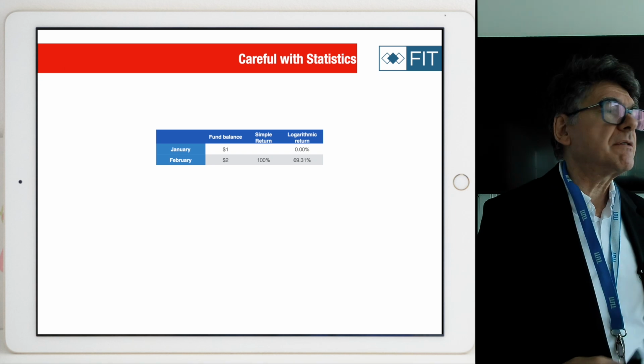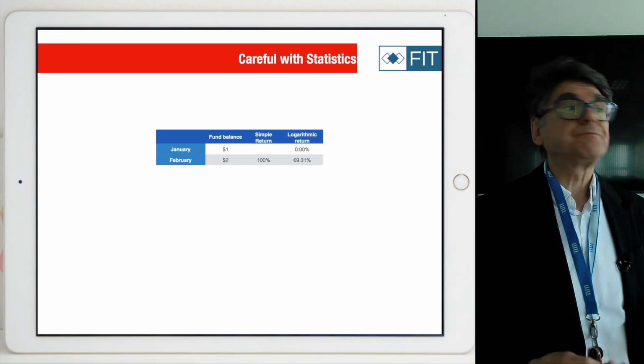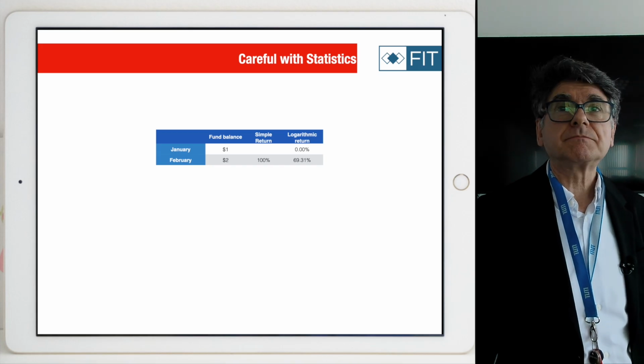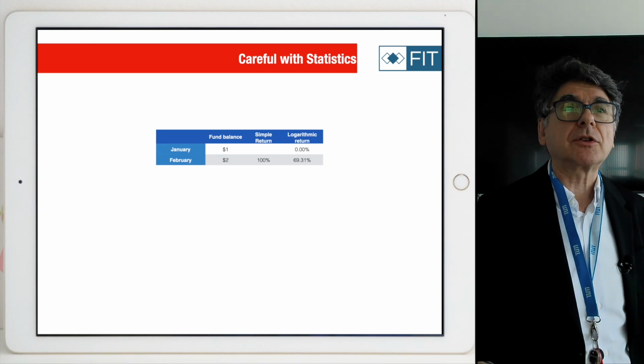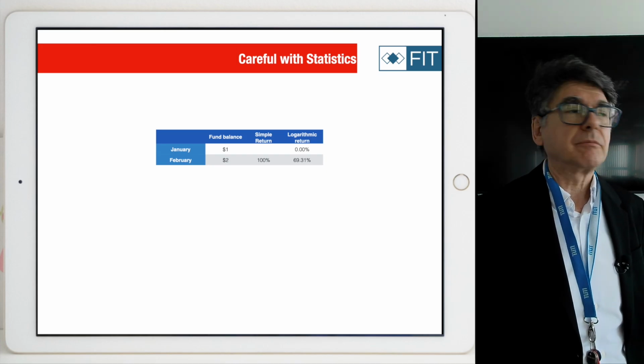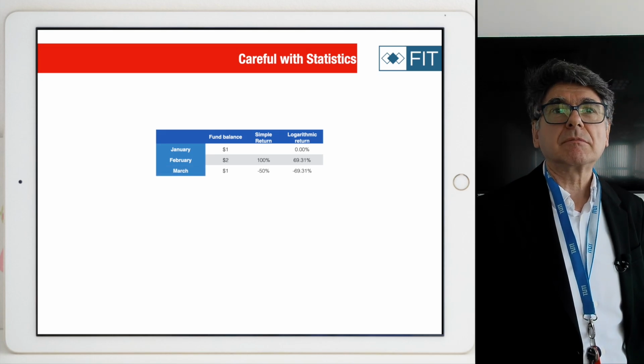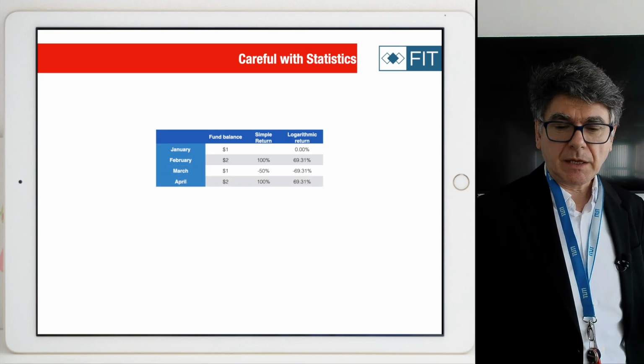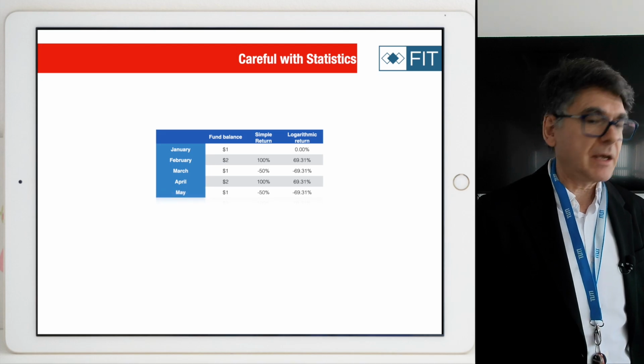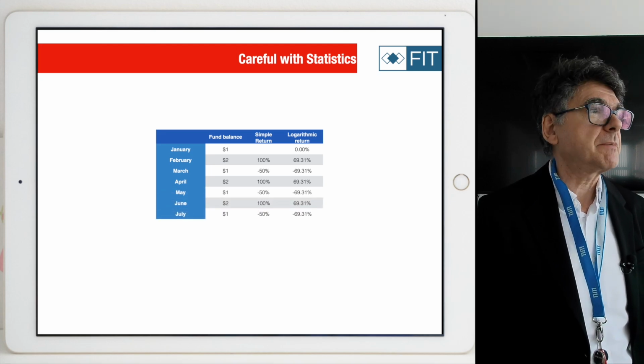Okay, so imagine I start a fund and I put $1, and I'm very successful, I buy Bitcoin, and then I get another dollar. I got two. And then the next month, I lose the $1 I made. And then I make it again, and I lose it. And I make it, and I lose it. That's my fund.